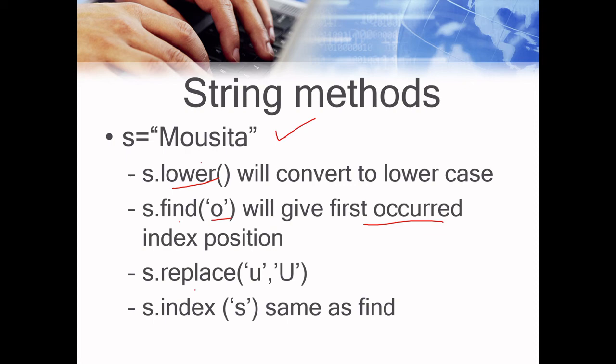Okay, replace, from the name you can understand, this will replace this small u with capital U or whatever you are writing. This will replace the first character with the second character, or the first word with the second word. s dot index is another function which is also the same as find, and many more other functions are there. Again I am telling you, we will do them when we do the practical.